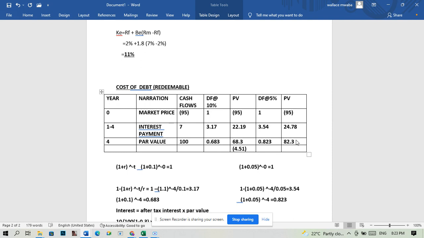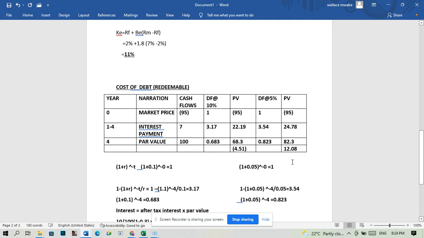Okay, so let's total up and find our net present value. 12.08. So we have a positive value, 12.08.